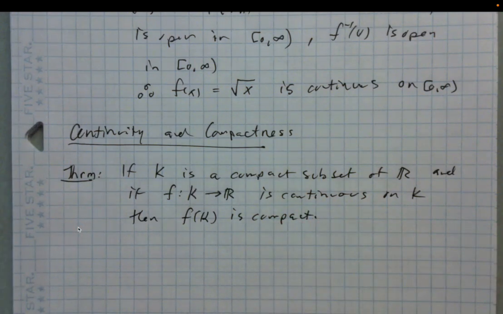Okay. So if K is a compact subset and it's also the domain of this continuous function f, then the image of K under f is compact. So this is to say that the continuous image of a compact set is compact.